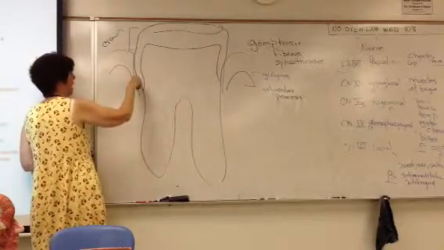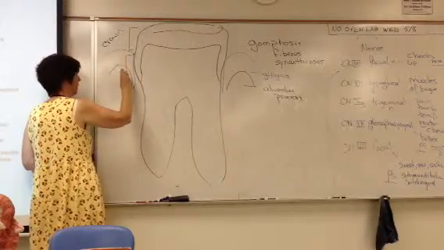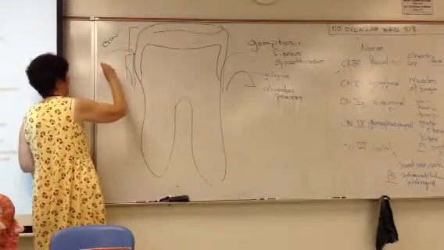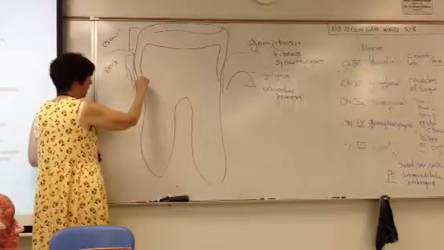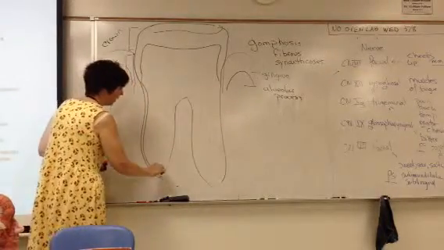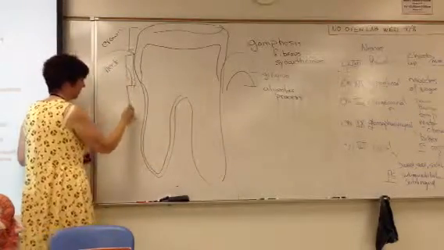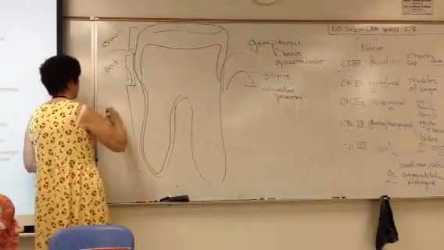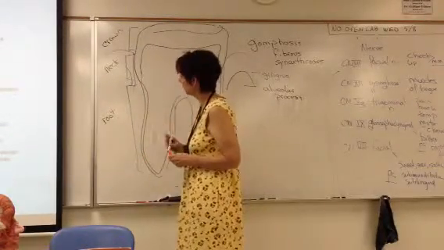This part that has enamel associated with gingiva would be the neck. And this part of the tooth that extends into the alveolar process and has cementum is going to be the root. Okay, so those are the regions of the tooth.